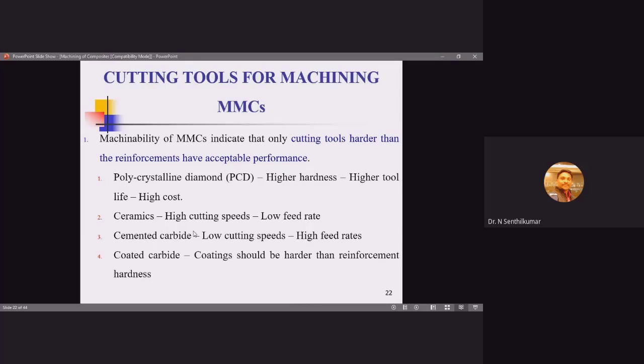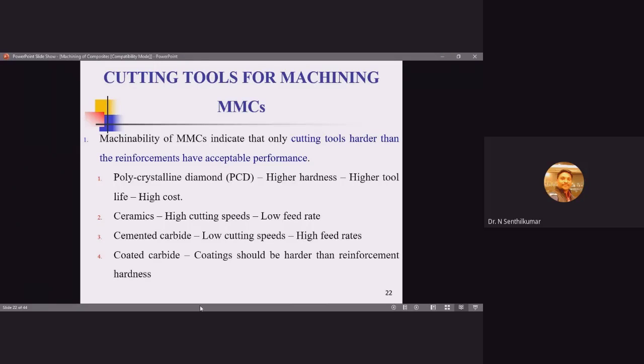Cemented carbides. In cemented carbides, we will be having tungsten carbide. It is made up of tungsten carbide, tantalum carbide and cobalt. The cobalt is used as a binder which binds the tungsten carbide particles and the tantalum carbide particles. Coated carbides.